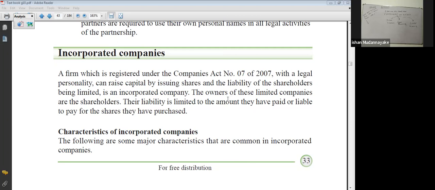Go to page number 33. Then here, Tinuli, read the note.